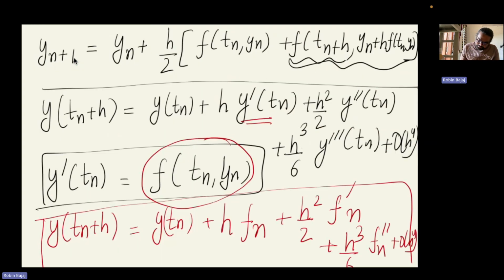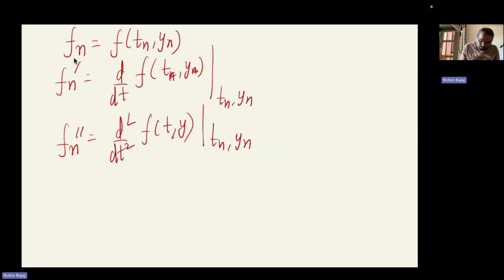So basically, our term was f of tn plus h, comma yn plus h fn.